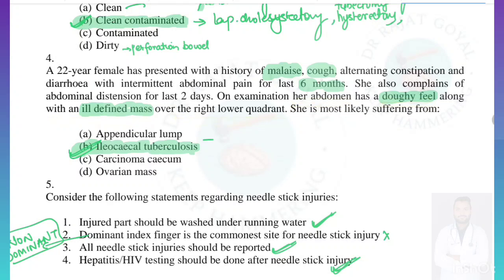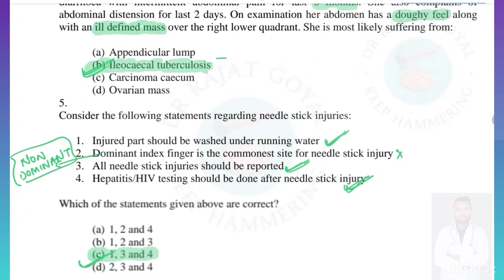Here the history is given for 6 months, and cough and abdominal distension are present. These are all features of ileocecal tuberculosis, because it generally involves the terminal ileum. So there will be an ill-defined mass in the right lower quadrant, and it also has a chronic presentation. So the answer here will be ileocecal tuberculosis.